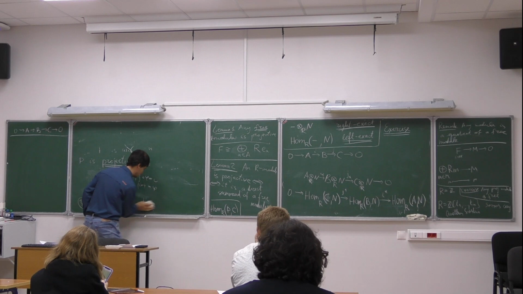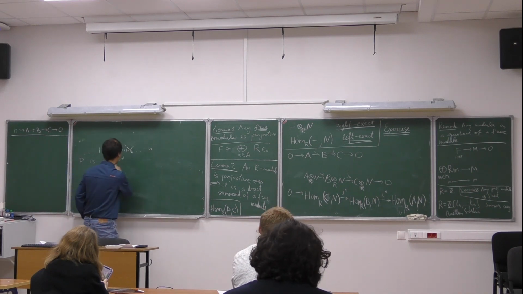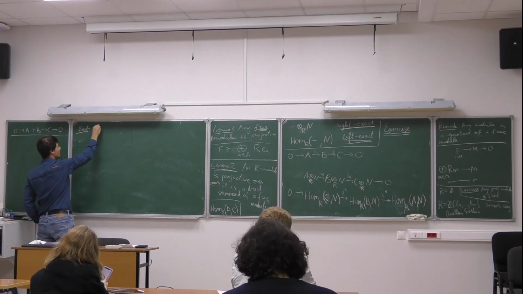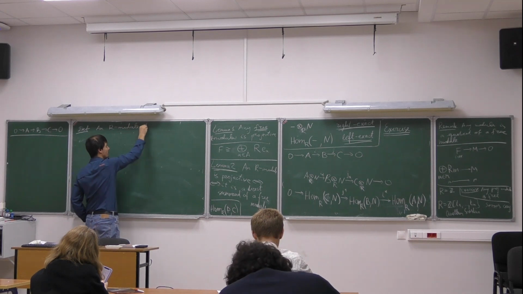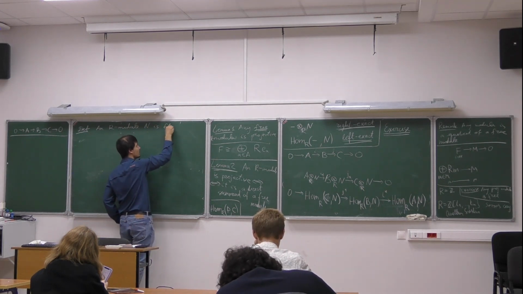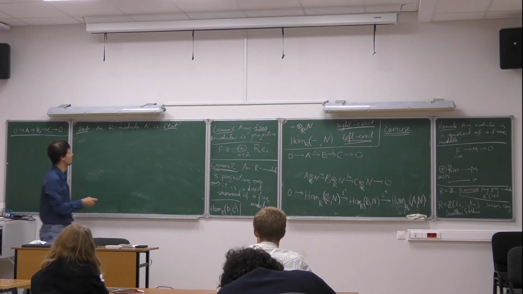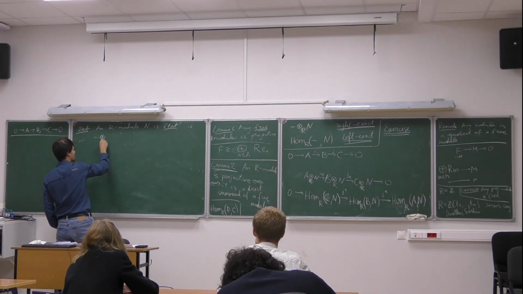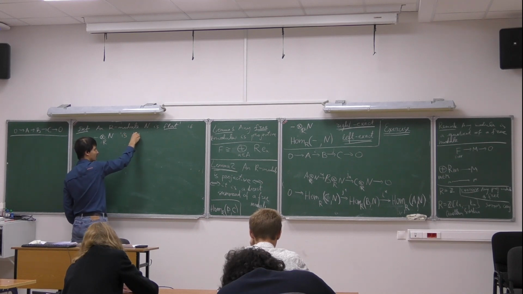So, by definition, an R module N is flat if this functor is exact.